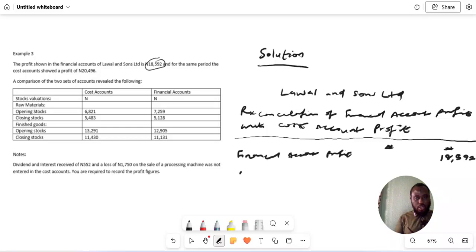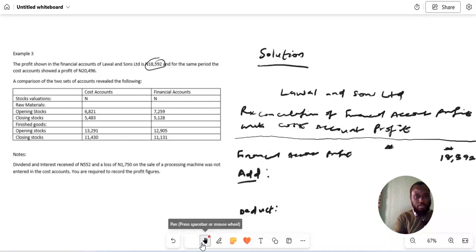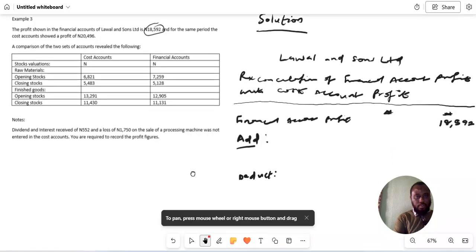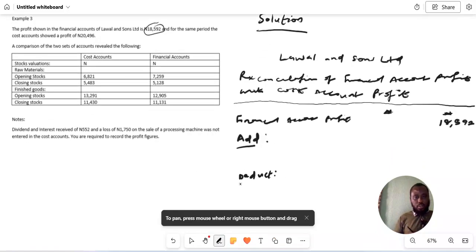We have figures to add and figures to deduct. Let's put deduct here. So figures to deduct. Let's have that there. Our workings, let's put our workings here.